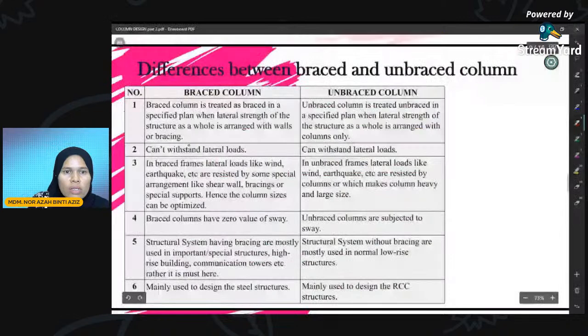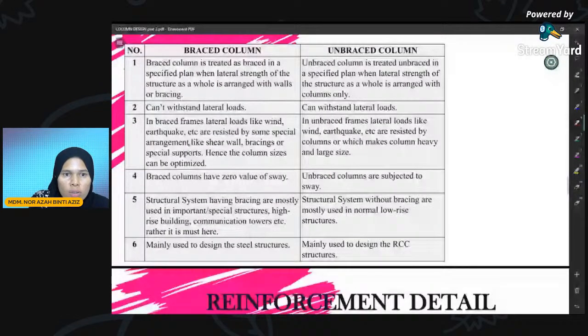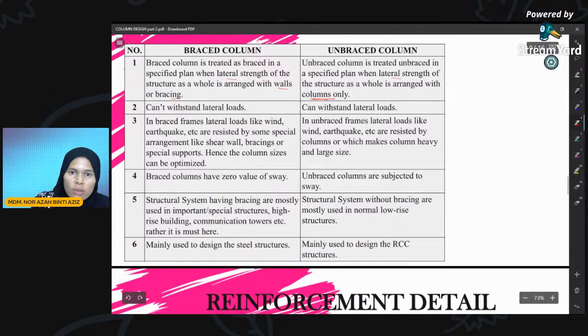Just now I said, for a braced column, the lateral load is resisted by walls or bracing. But for an unbraced column, the lateral load is resisted by the column only, totally on the column. A braced column can't withstand lateral load.